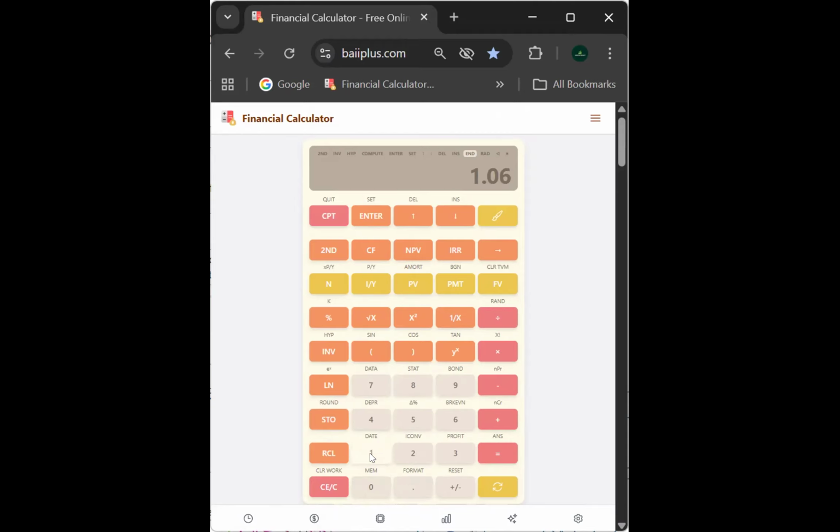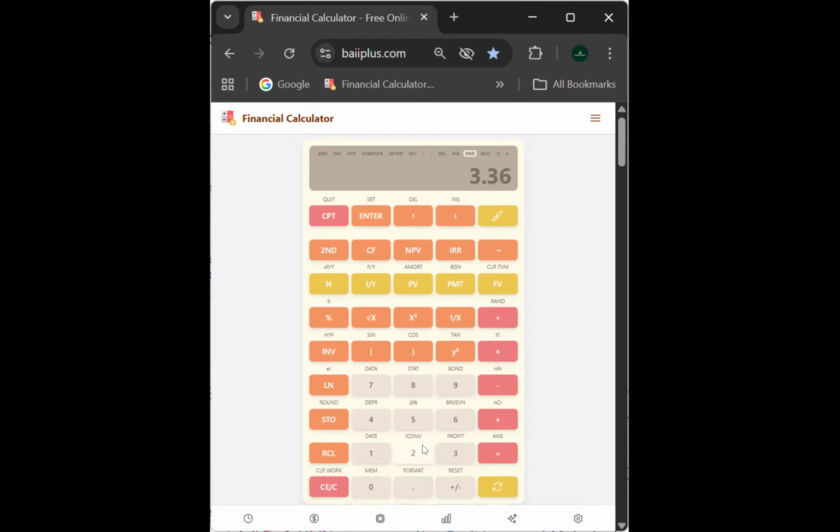Let me try 4 divided by 1.06, divided by 1.06, divided by 1.06. 3.36 is the right answer.